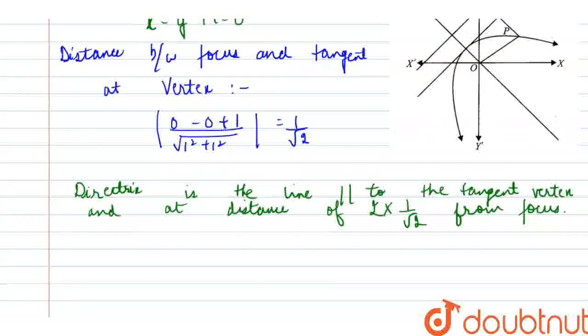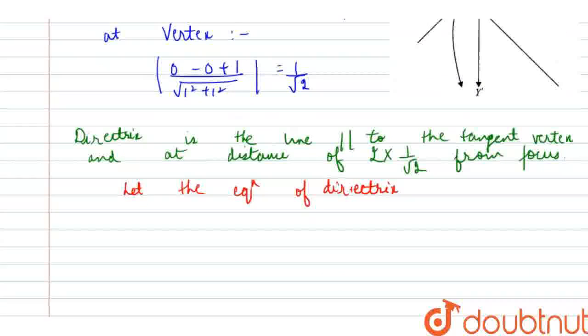So proceeding forward, let the equation of the directrix be as follows. We have mentioned that this is the line which is parallel to the tangent at vertex. So the x and the y terms would be the same, only there would be a difference in the constant term. So we can assume it as x minus y plus lambda equal to 0. The constant term will be changed. So this is the equation of the directrix.